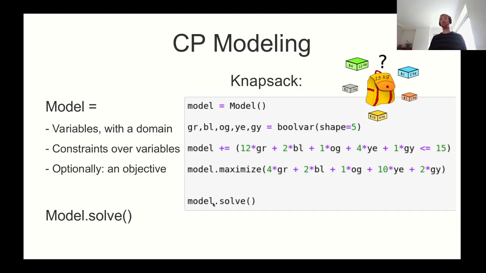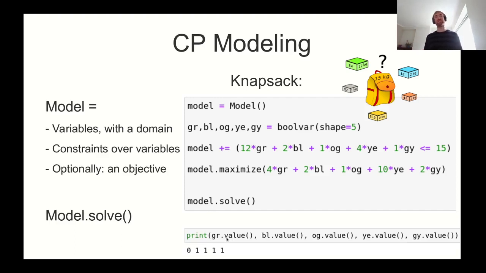Then we can call model.solve, and it will call a solver. If you then print the values that each of these decision variables have, you will see that in this case, the optimal knapsack contains all the objects except the first one, the green one. All the other objects fit in the knapsack, and it maximizes the value.